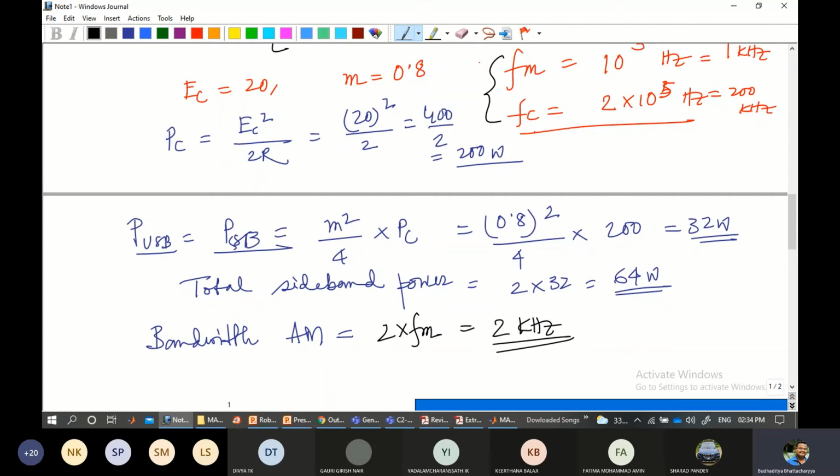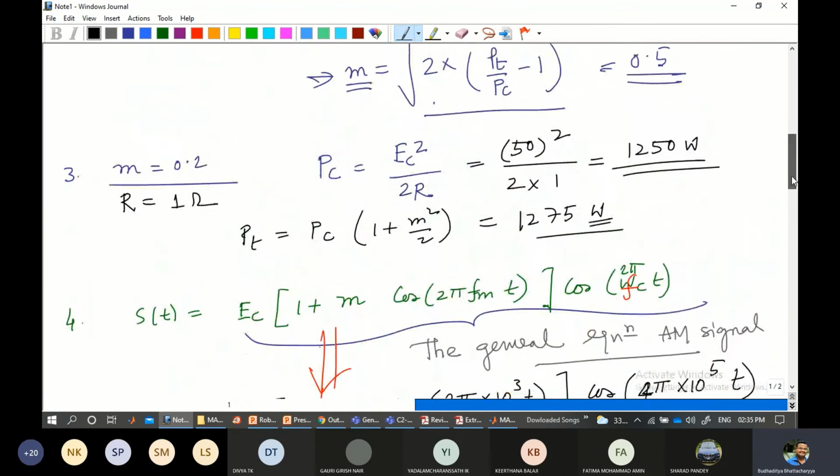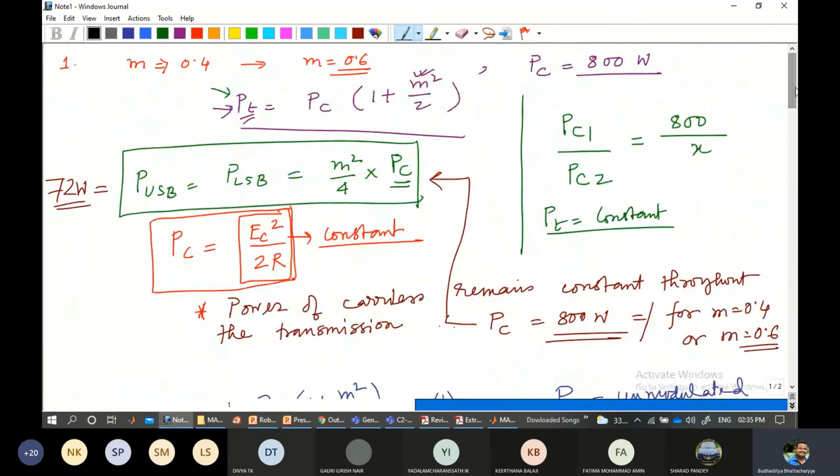So you can easily understand the equation and decipher that these are the frequencies for the modulating signal as well as for the carrier. Alright, so these are the 4 questions which I had given just for refreshing your mind, and to go about solving on your own, so that you are familiarized with the equation. That was the very reason why I gave this particular question.